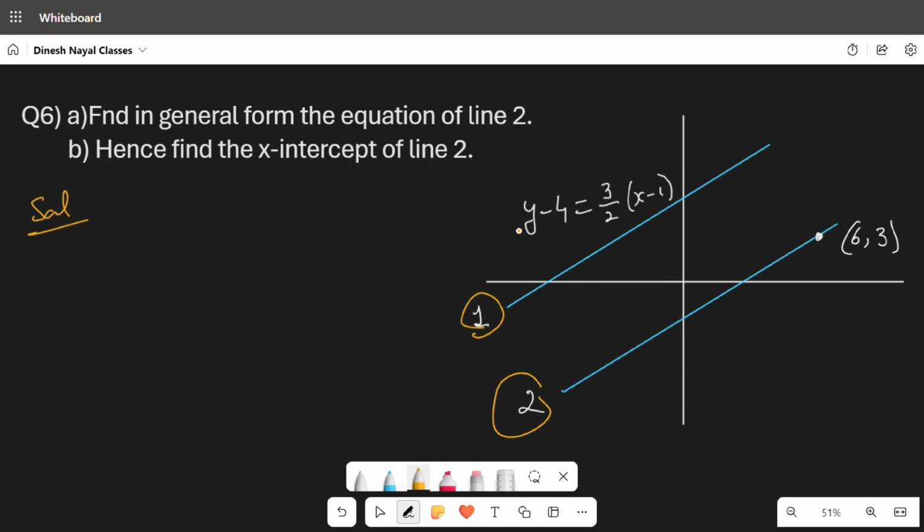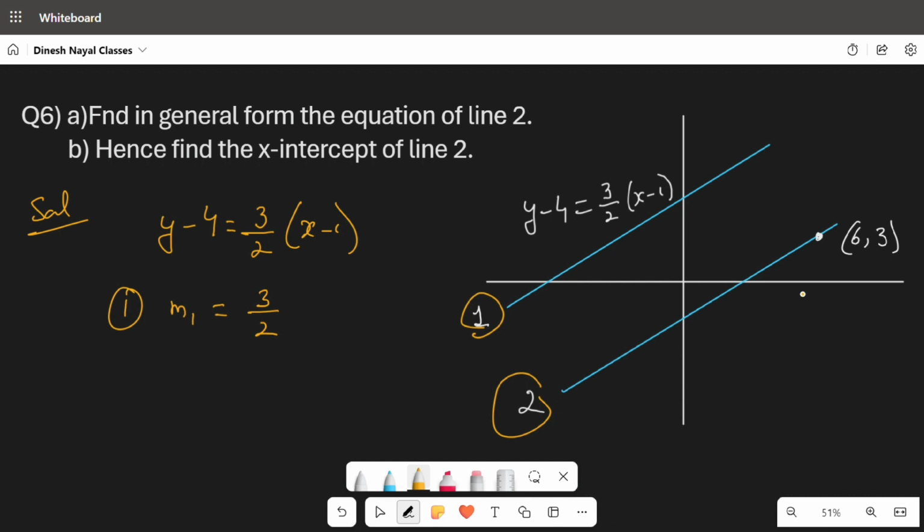See, the equation of line 1 is given, which is y minus 4 equals 3 by 2 of x minus 1. So this is actually a point gradient form. So the slope of line 1, you can take this as m1, is 3 by 2. And now you can see line 2 is actually parallel to line 1.